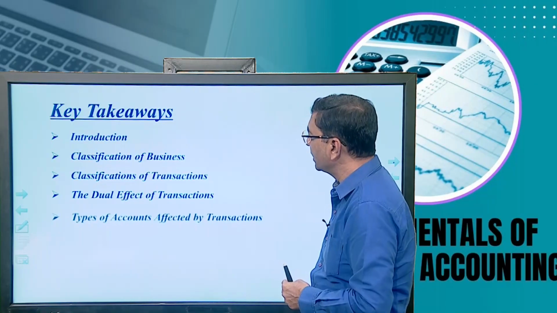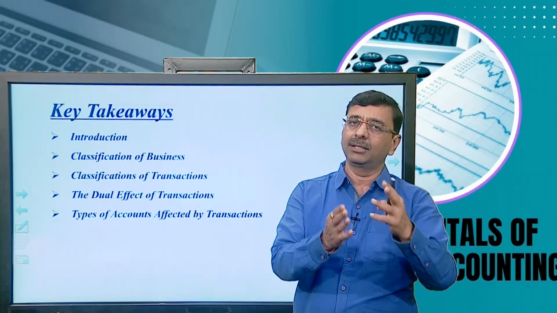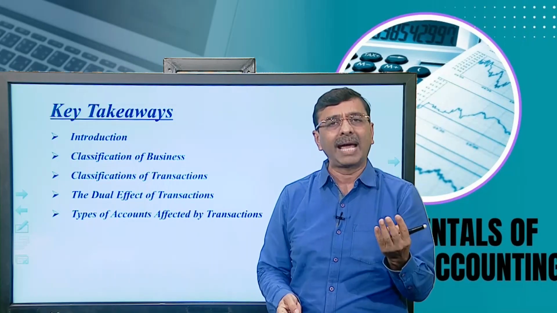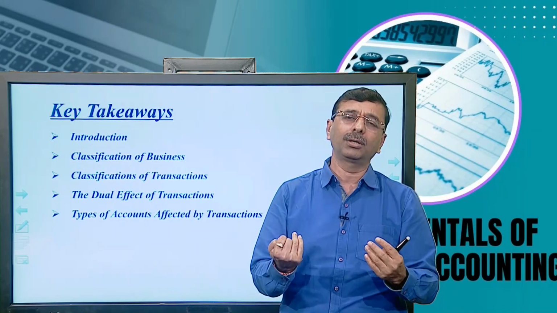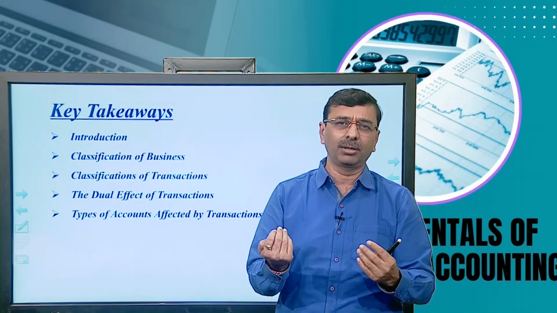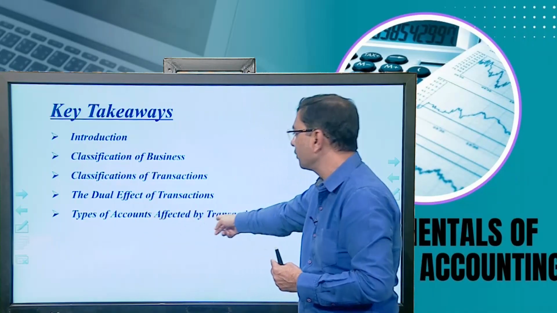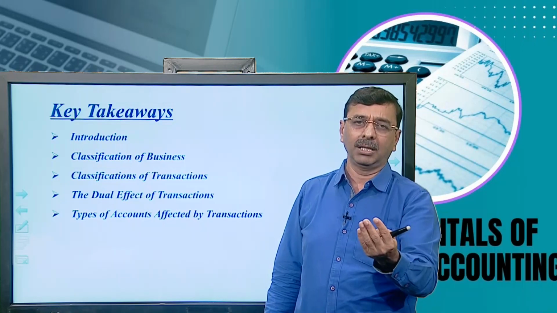Moving to the next point, types of accounts affected by the transaction. As we discussed in the previous example, cash comes in, that's the first effect. Who brought this cash? The owner brought cash into the business. So the owner is a giver. So here, how many accounts are affected in the transaction?